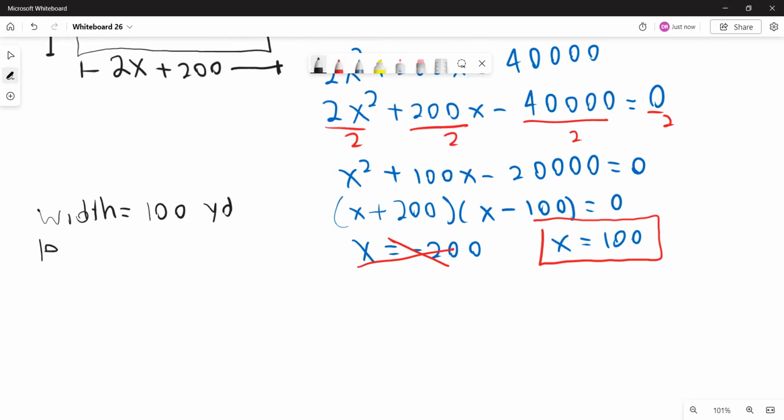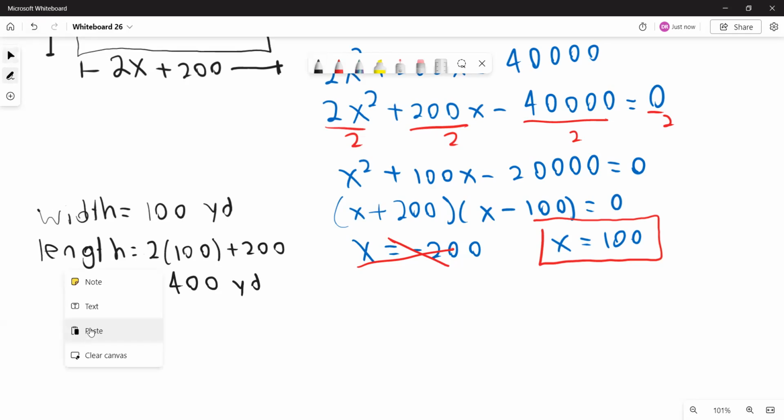And the length is 200 yards plus twice the width. So that's going to be 2 times 100 plus 200. And that is 400 yards. Okay, so the length is 400 yards and the width is 100 yards.